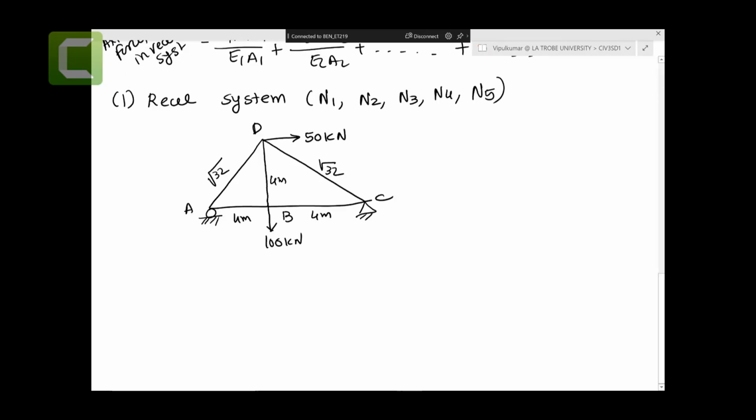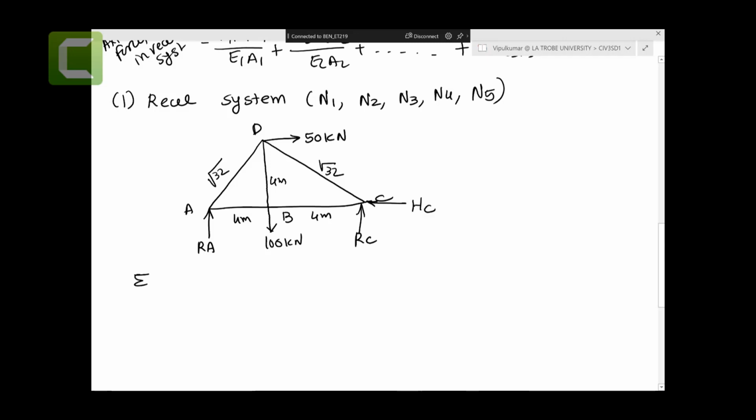Now let's draw the free body diagram by removing the supports. There is a reaction force RA, a reaction force RC, and let's say a horizontal reaction force HC.